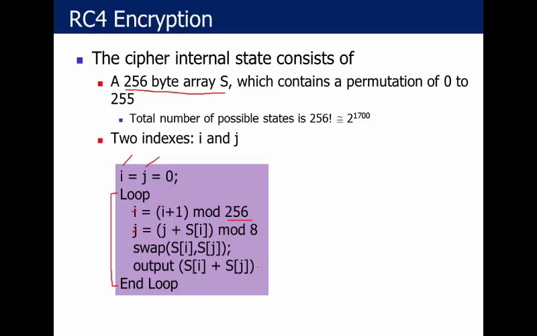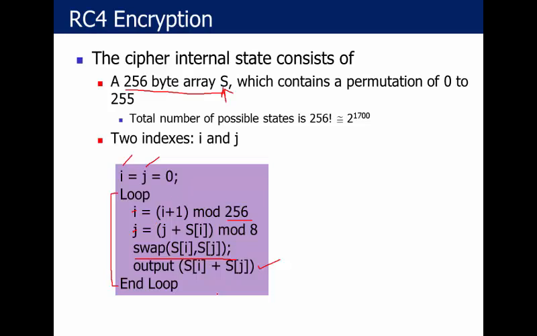Therefore, the cipher will be generated, and the cipher will be shipped out through the wireless communication. So this is the output, but at each modification of i and j, you can swap within the same vector S.